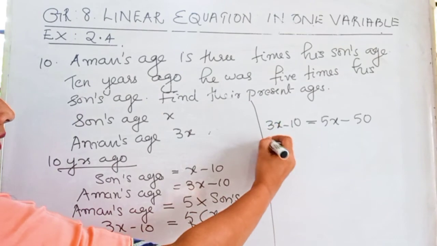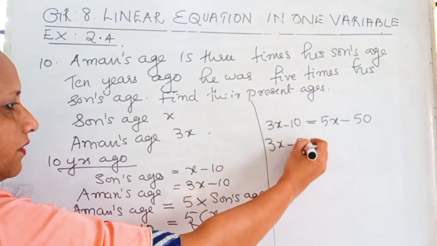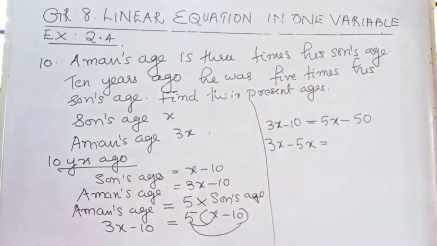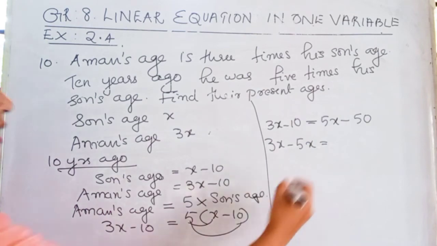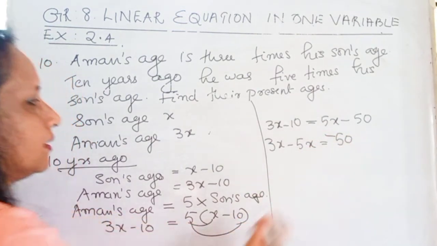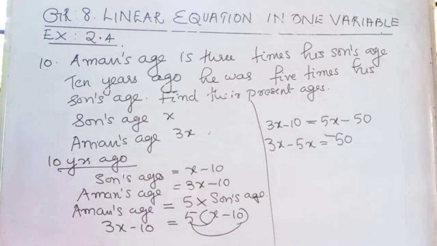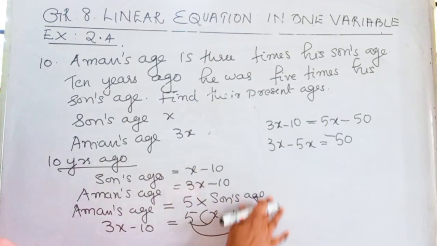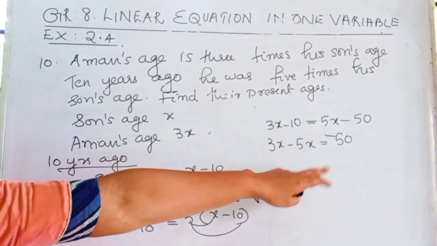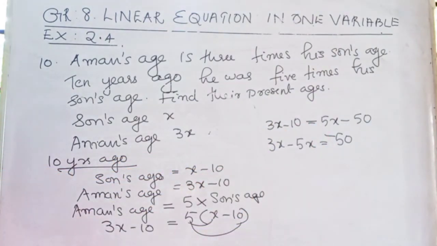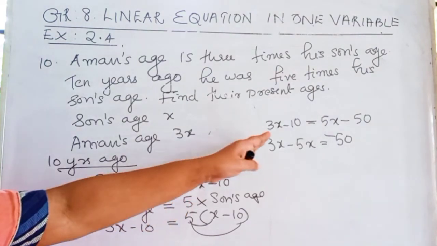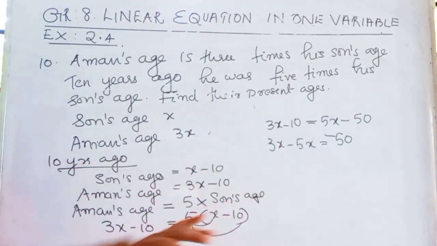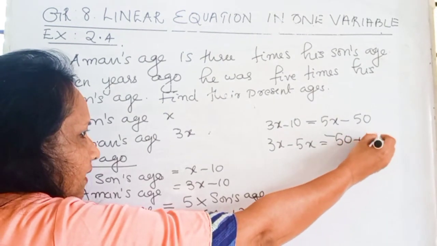And now we can bring all the x values to the left side. We got 3x minus 5x and take all the constant to the right hand side. But before taking that, you need to write what is there in the RHS first. So RHS, it is minus 50 is there. Keep it there and take this minus 10 to the other side. It becomes plus 10.